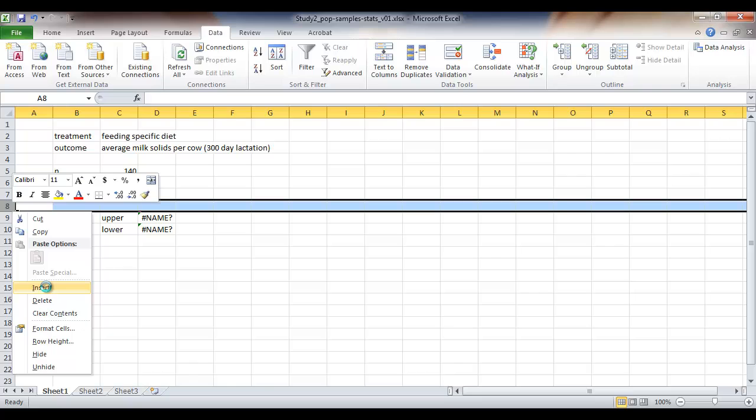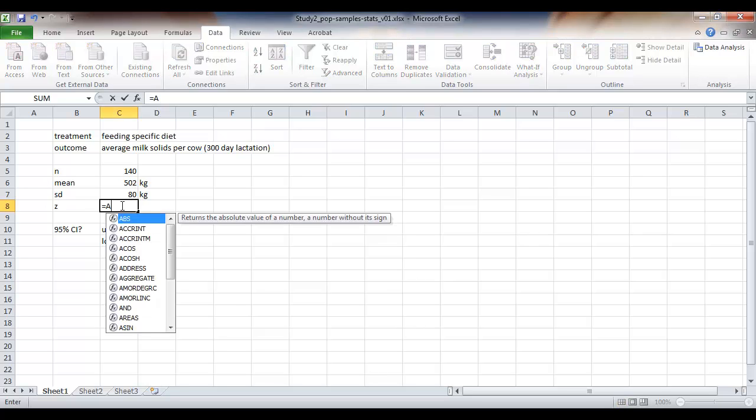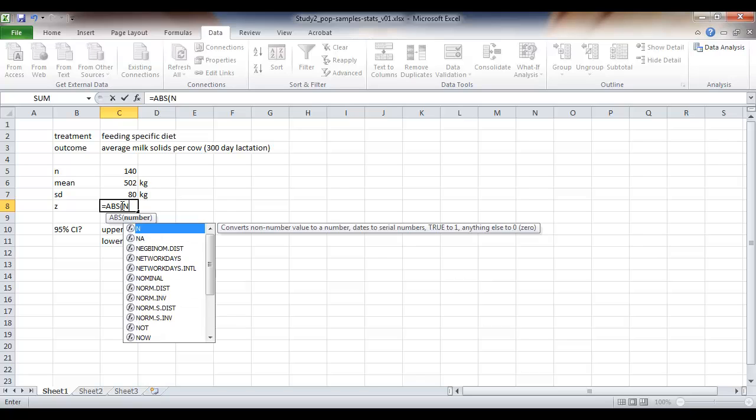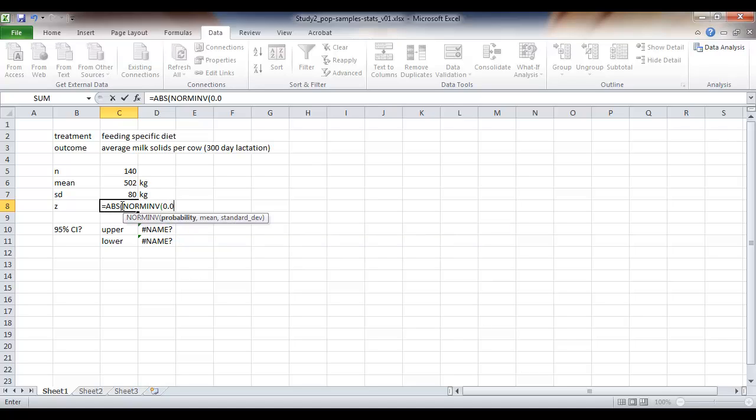I'm going to insert an extra row here so that I can put in that value of z, and to return the critical value from the z distribution for a 95% confidence interval, we want the absolute value of the inverse of the normal cumulative distribution, 0.025, because that's the tail of our confidence interval, with a mean of 0 and a standard deviation of 1.